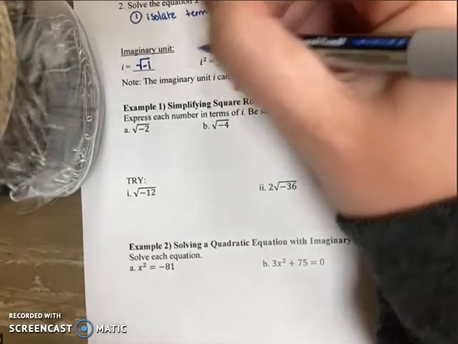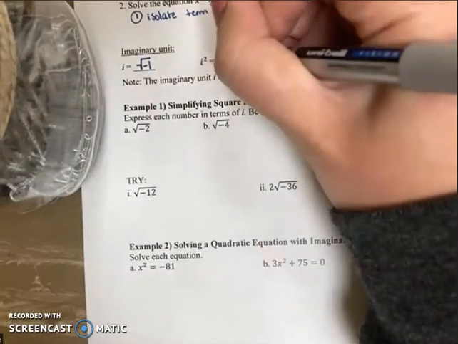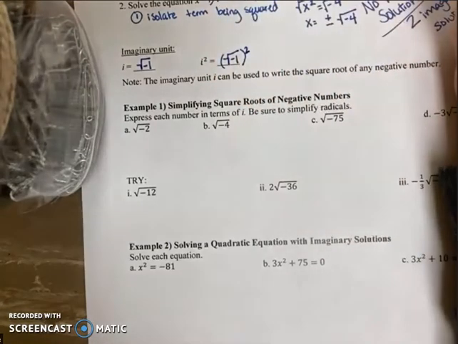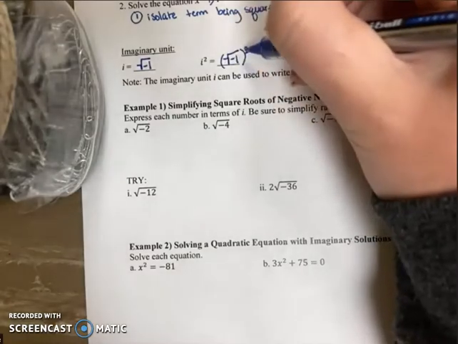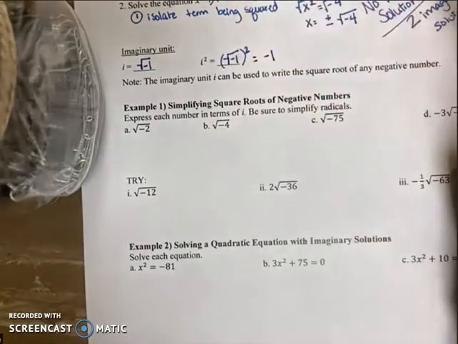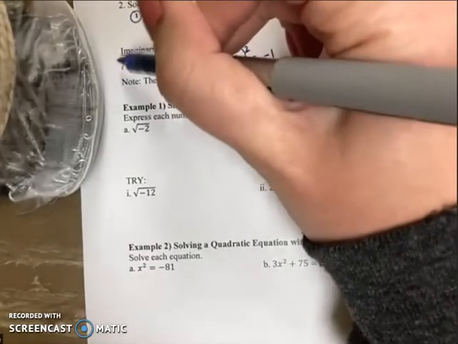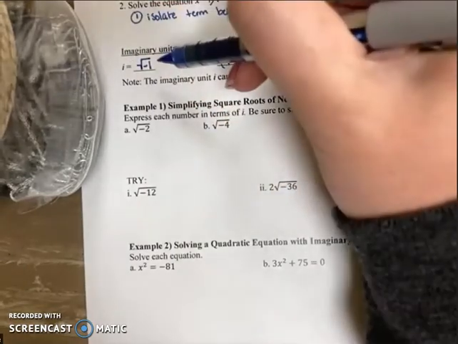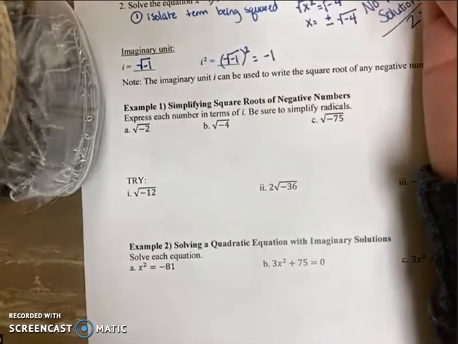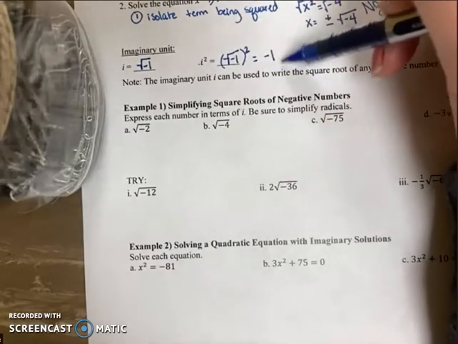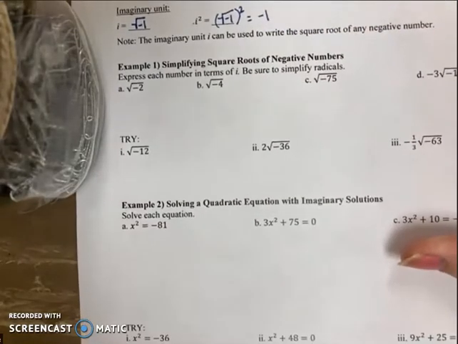So i squared, well, if I know that i is the square root of -1 and I'm squaring that, the square root and the square cancel each other out, meaning i squared is -1. So just one imaginary unit, i to the first power, would be the square root of -1, but i squared is a real number, and that number is -1.